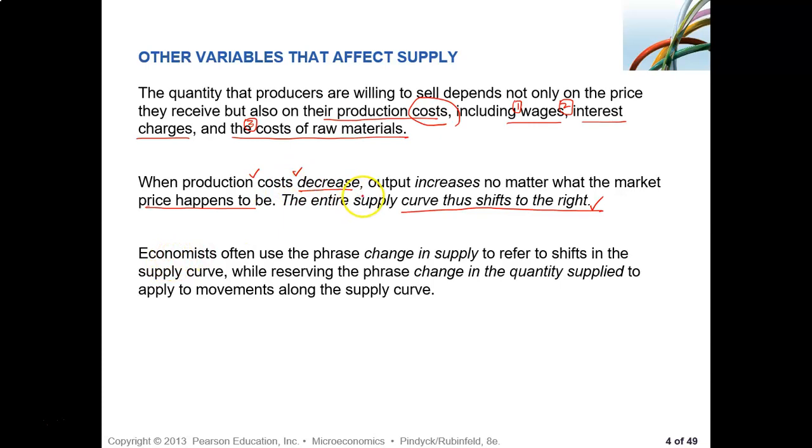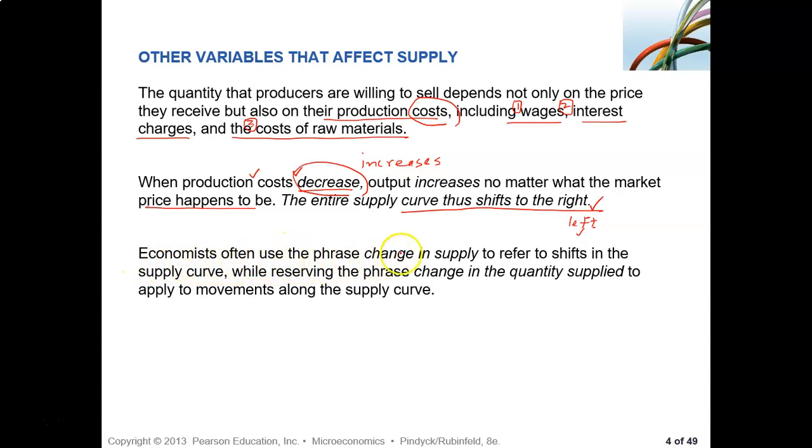And vice versa, the alternate is true. If production cost increases, the supply curve will then shift to the left. We also explained this, shifting from S to S2, in the previous slide.